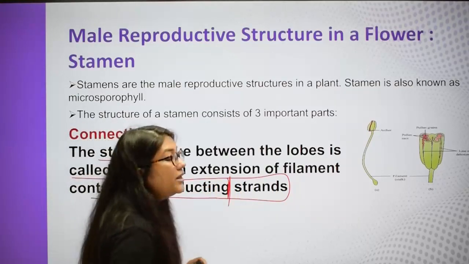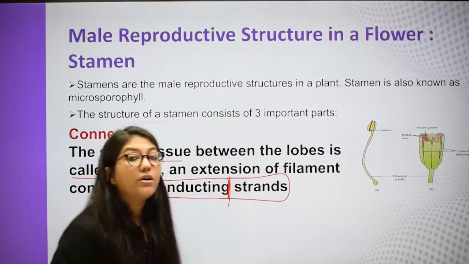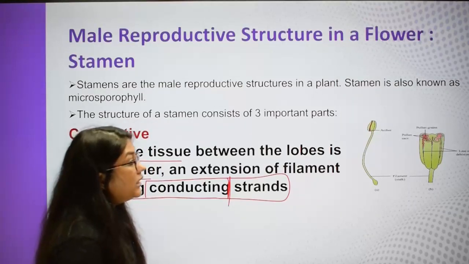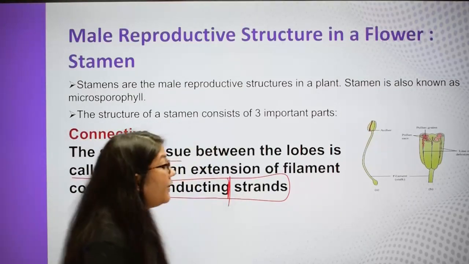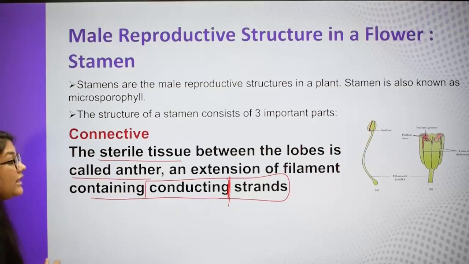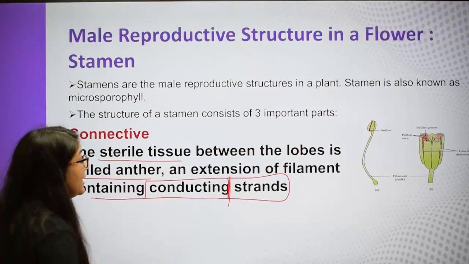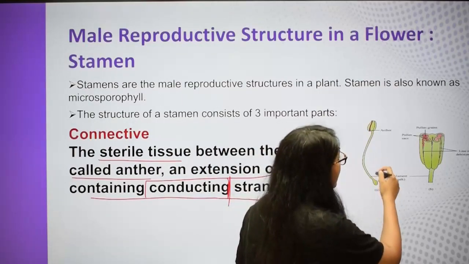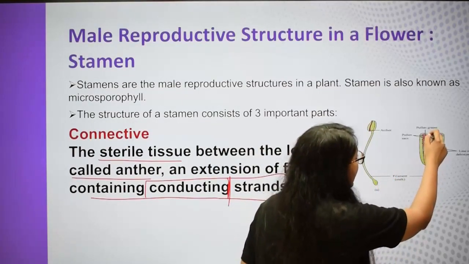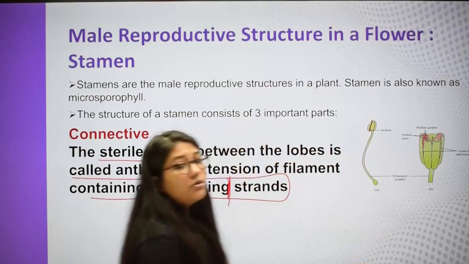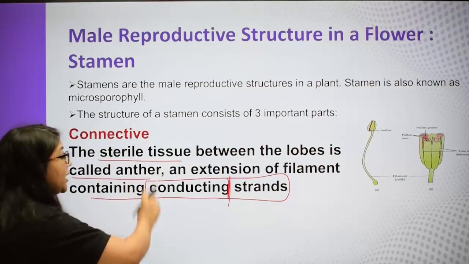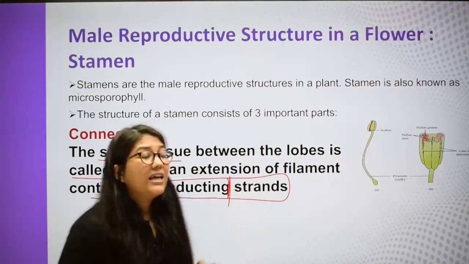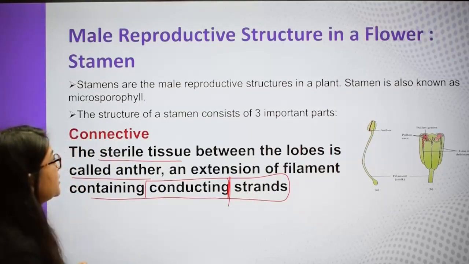We all know what conducting means. We're talking about the conducting tissue. So here in the connective, what are we going to find? We are going to find the conducting strands, and this connective is nothing but the extension of this filament, right? This filament is getting extended. It is its extension, we are calling it connective. And what is it containing? It is containing your conducting strands.